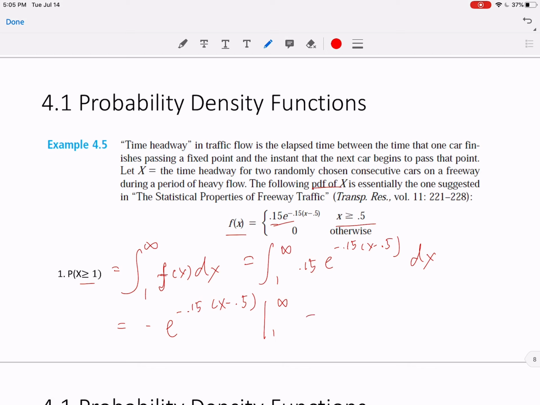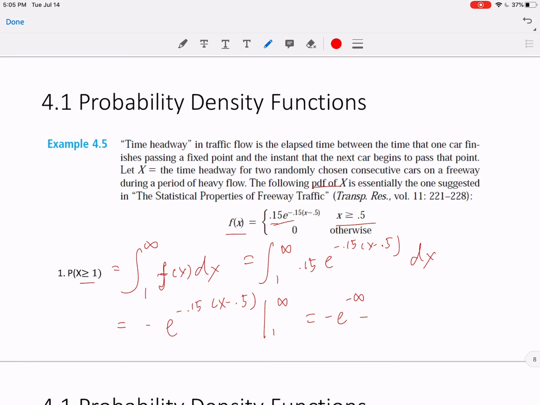If we bring infinity back in, we're going to have negative e to the negative infinity. If x is infinity, this whole thing is negative infinity in the exponent, and then minus, we bring 1 back in: negative e to the negative 0.15 times (1 minus 0.5). Since e to the negative infinity is 0, the first part is 0.